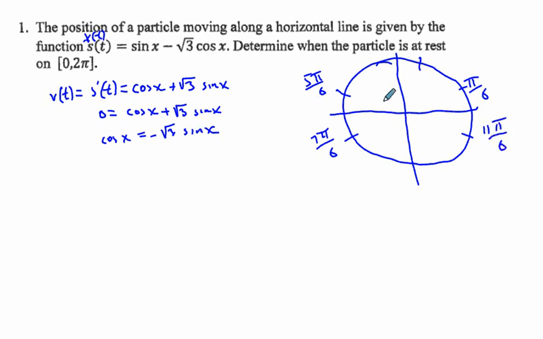At 5 pi over 6, for instance, our coordinates are going to be negative square root of 3 over 2, comma 1/2.